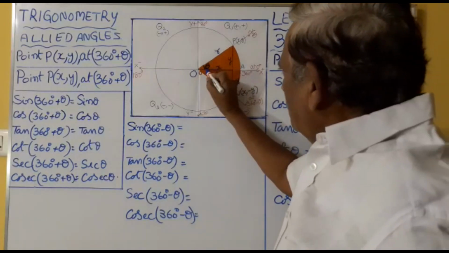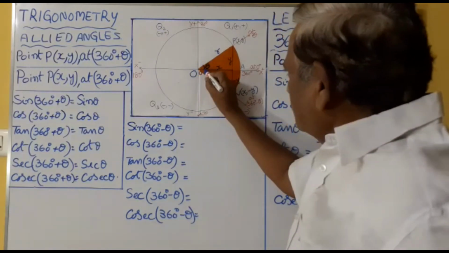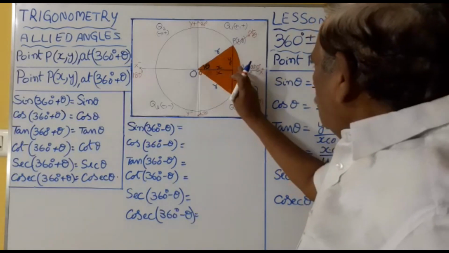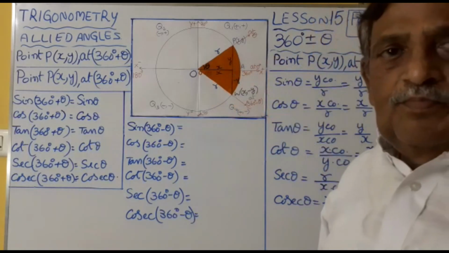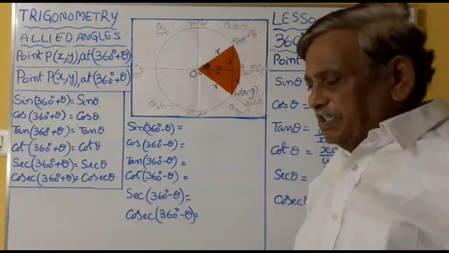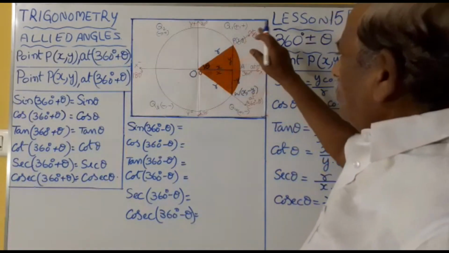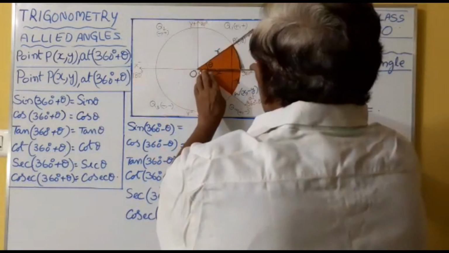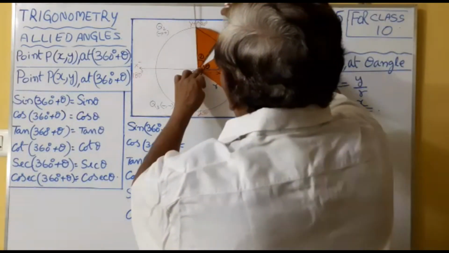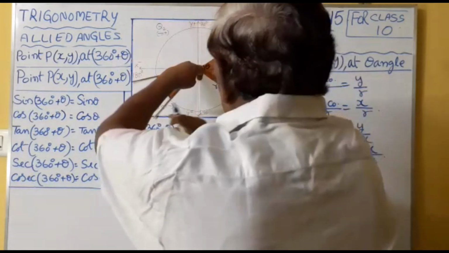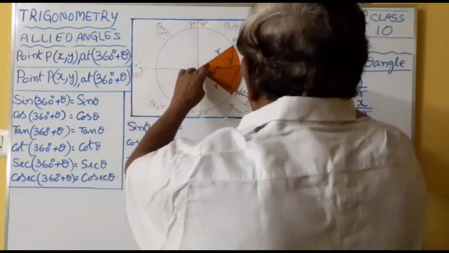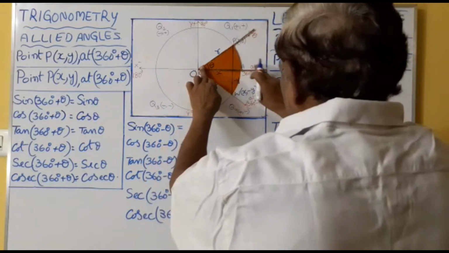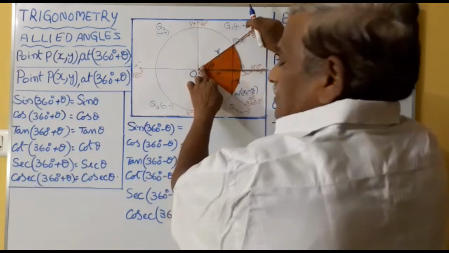Since the angle around a point is 360, due to rotation of 360 degrees the ray OA retains its position, and OP also retains its position.